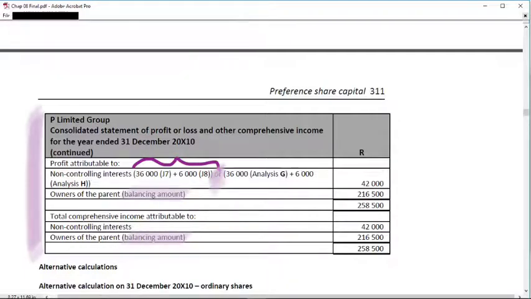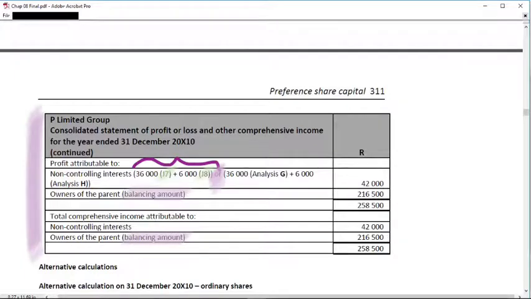You can either use the two consolidation journal entries, Journal 7 and Journal 8, to get to these amounts and add them together, because the 36,000 Rand is the profit attributable to NCI ordinary shares, and you add to that profit attributable to NCI preference shares. So you can either use your two journal entries, or you can read these two amounts from the analysis of equity. Same amounts, 36 and 6,000 added together.